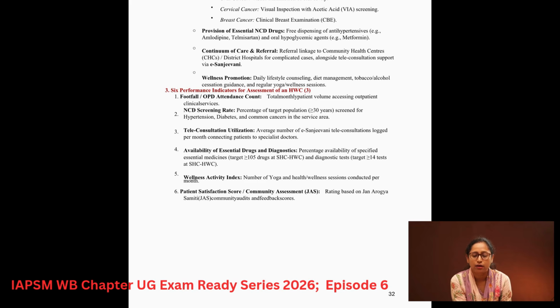Okay. Here rating based on the Jan Arogya Samiti, that is JAS, community audits and feedback scores. So, these are the 6 points you need to mention about the 6 performance indicators for assessment of HWC.